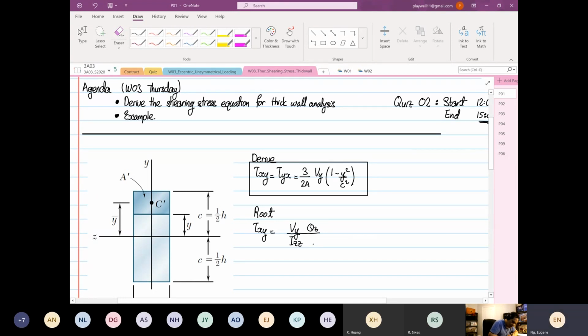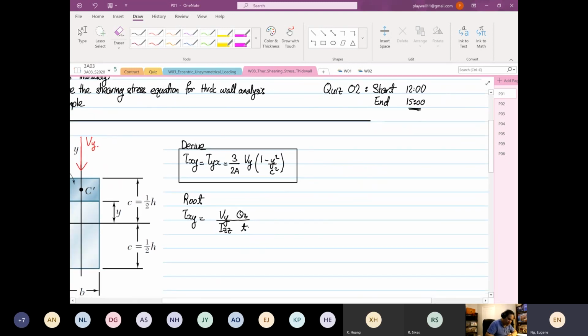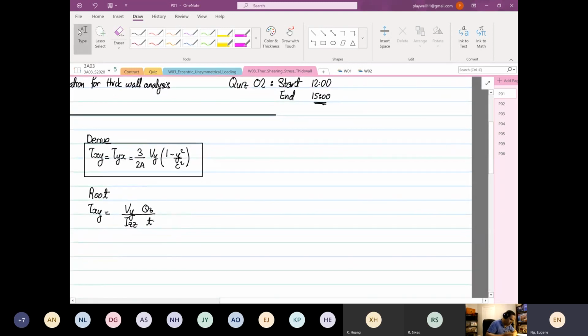Some of you asked me, Eugene, what is this figure all about? If we have a shear force coming down over here, this is our shear force, and this is our Vy. So how does this look in 3D? In 3D, you can have a beam. This is our beam.